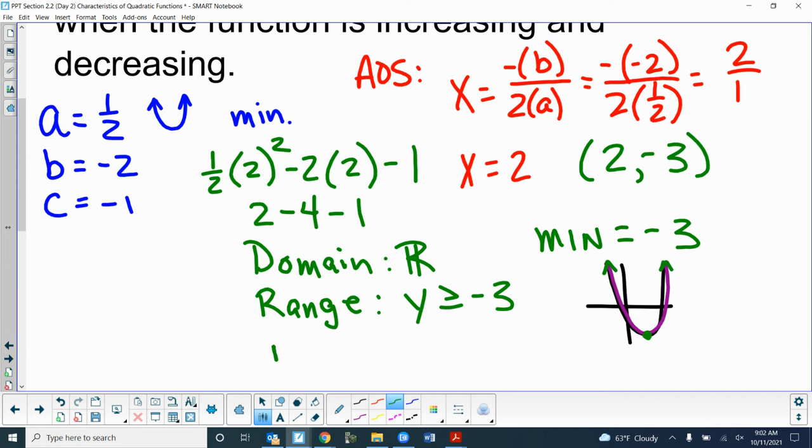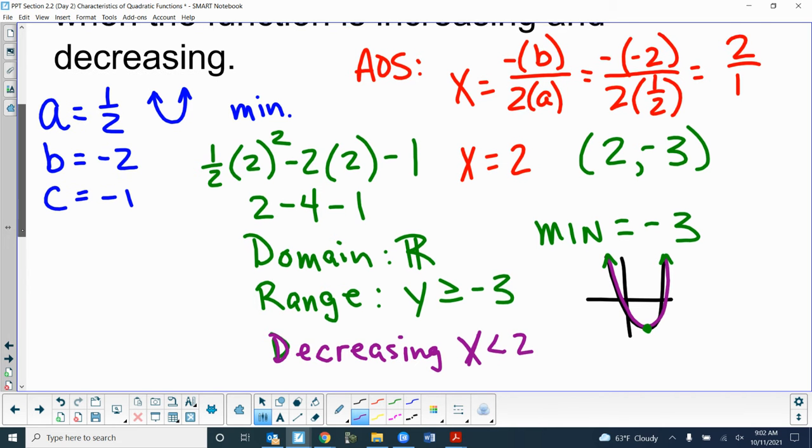All right, so it's decreasing. Let's do it in purple. When x is less than what? 2.